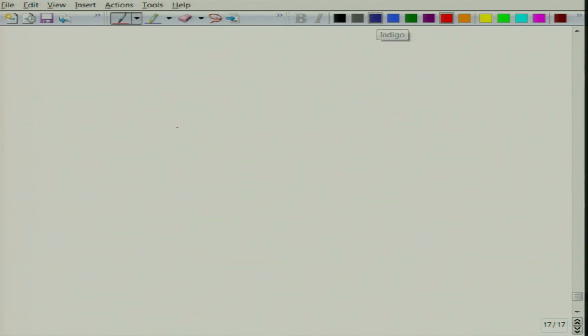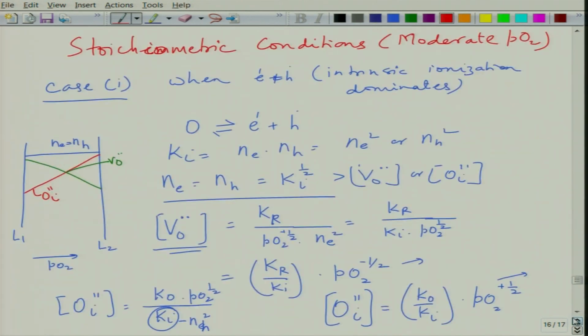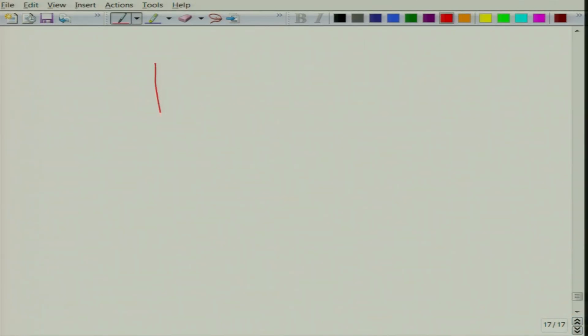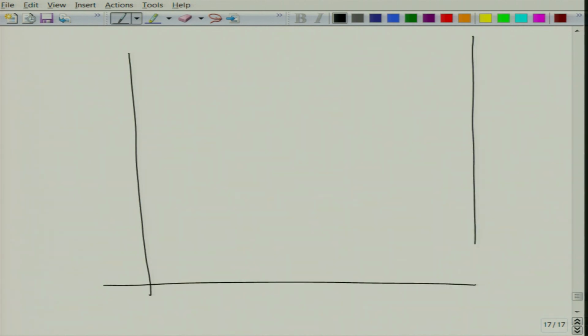Second situation. In the first case, if this is the scenario, then we can make a plot of, let me use the black color, log of defect concentration as a function of PO2.